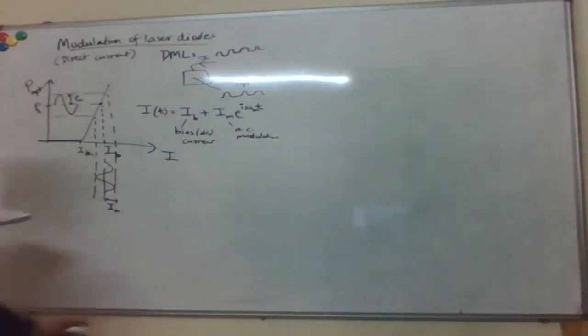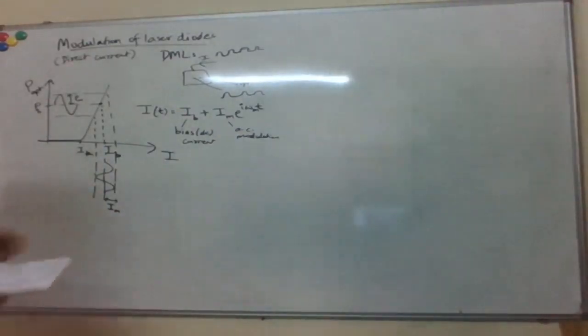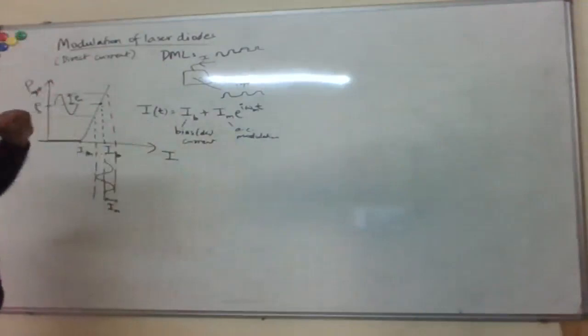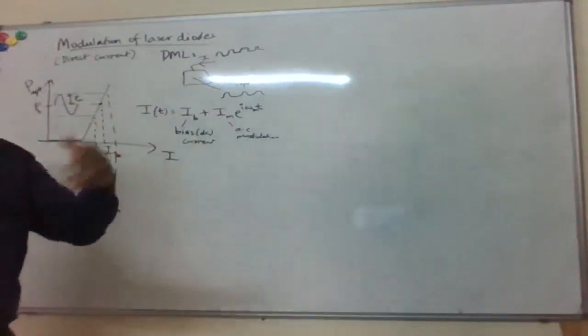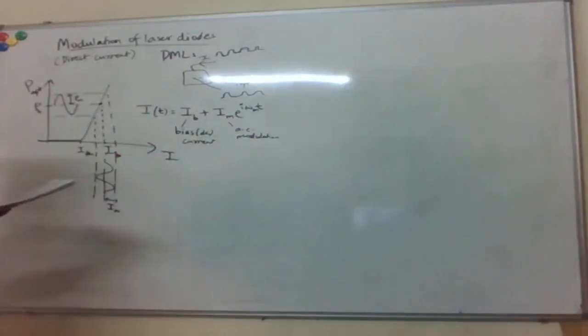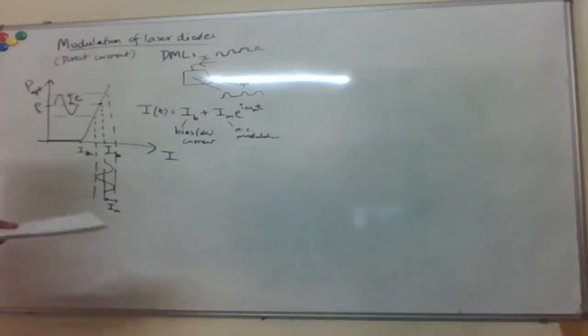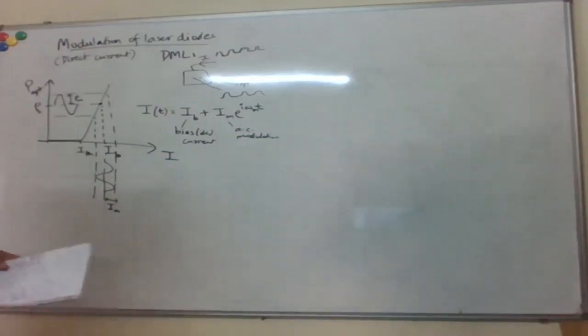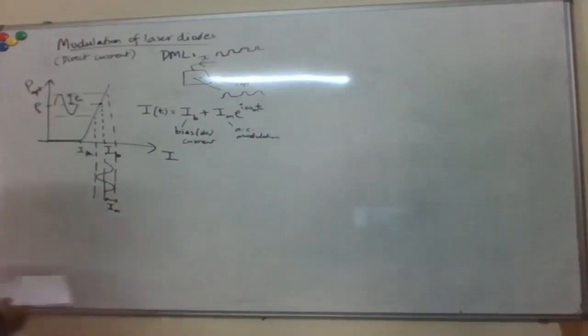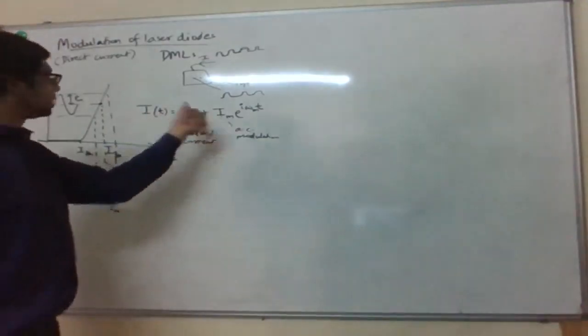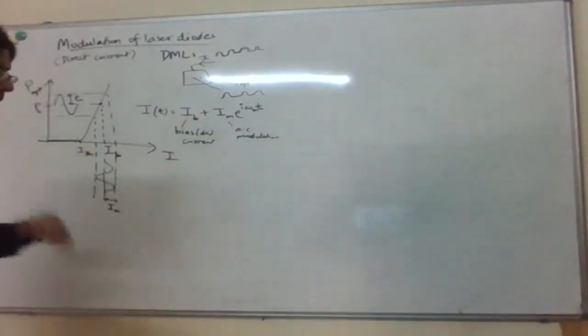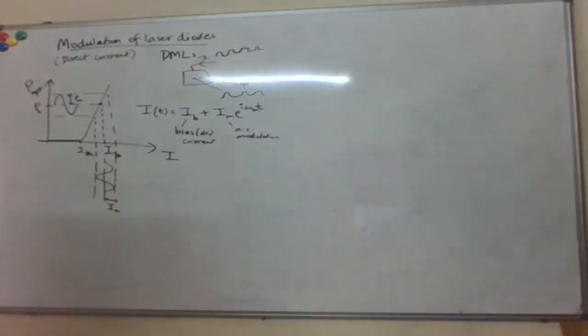If you recall, we did something similar for LEDs. There we had just one equation for the carrier dynamics, and that determined the entire properties of the system. We took this type of time varying current, saw how the carriers responded, and got the modulation response, which was primarily determined by only one constant, the carrier lifetime.